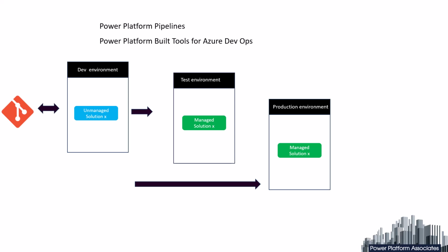Now, the question is, what if we want each developer to work in their own development environment and be able to modify the solution? Because having every developer in the same centralized dev environment could be risky. With the Git integration in Dataverse, we can easily manage this.